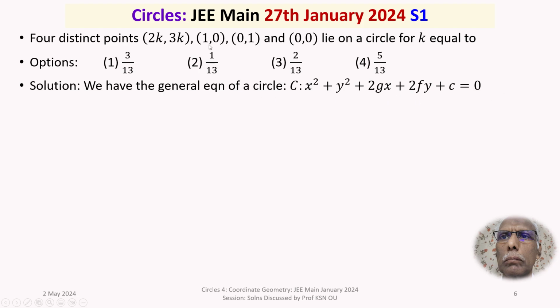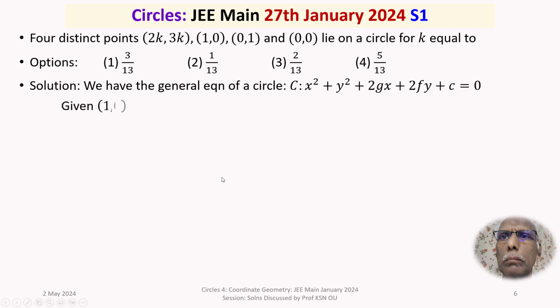Given this circle passes through the 3 points (1, 0), (0, 1), (0, 0), with this you can find out the values of g, f, c, and this circle will be completely known. Then it passes through (2k, 3k); substitute, then find the value of k.